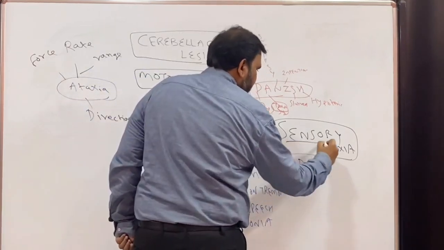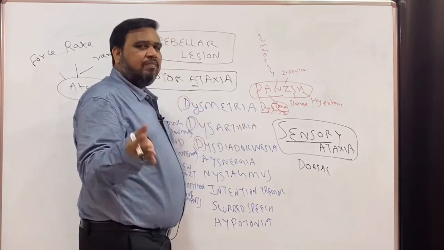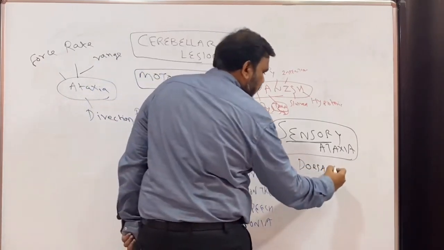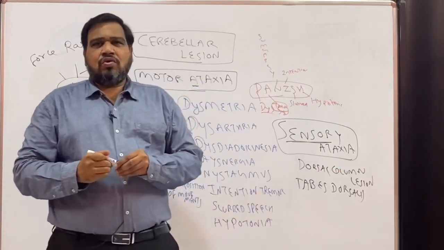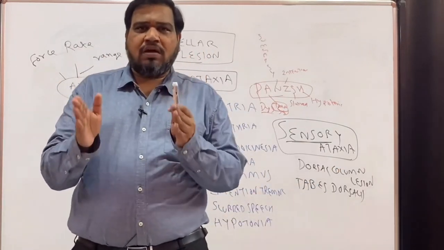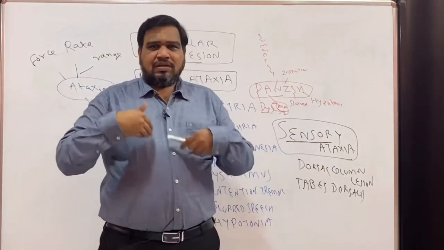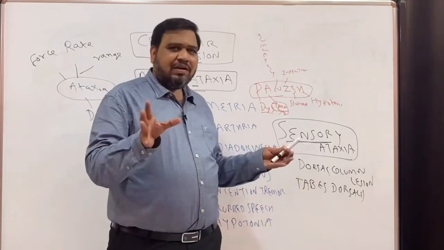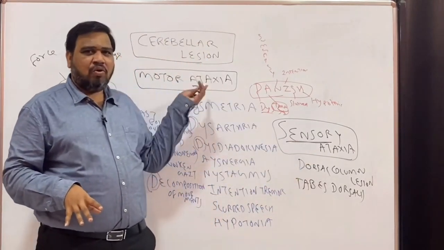As the name suggests, sensory. So there is a defect in sensation of position sense or proprioception. So that is dorsal column lesion. Dorsal is sensory ataxia. So cerebellar lesion causes motor ataxia, not sensory ataxia. Remember that. In the next class, I will tell in detail how to differentiate sensory ataxia and motor ataxia.